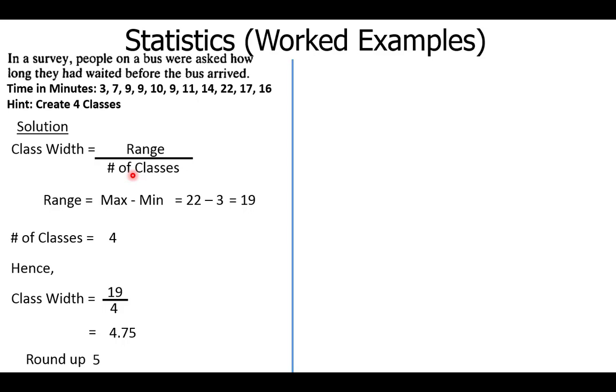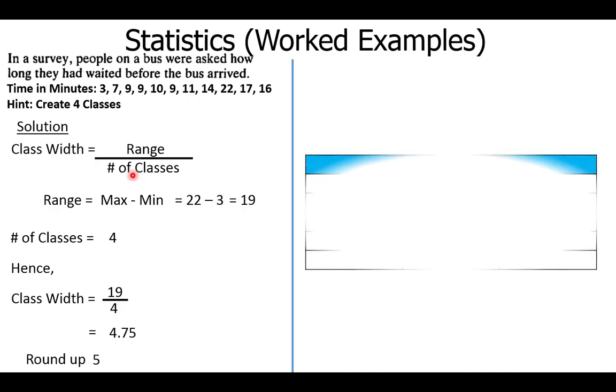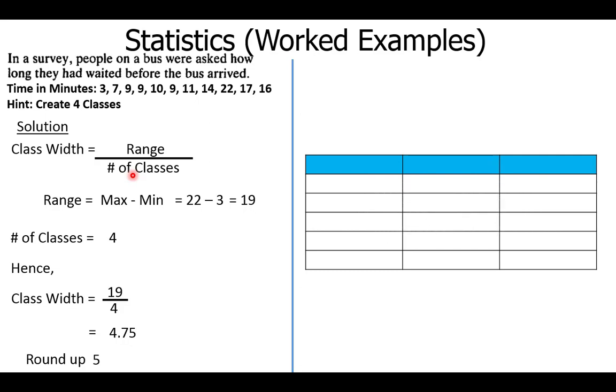With us, now that we know our class width as 5, the next thing we are going to do is to create a table. Let's create a 3 by 6 table. Use your ruler to draw a table and then label it this way. You could draw a 3 by 6 table or a 3 by 7 table, and then we're going to label it.